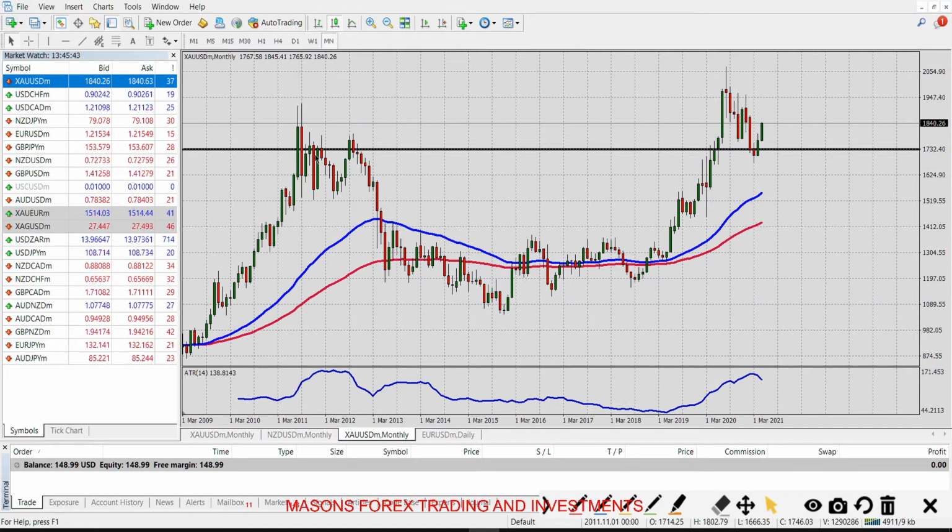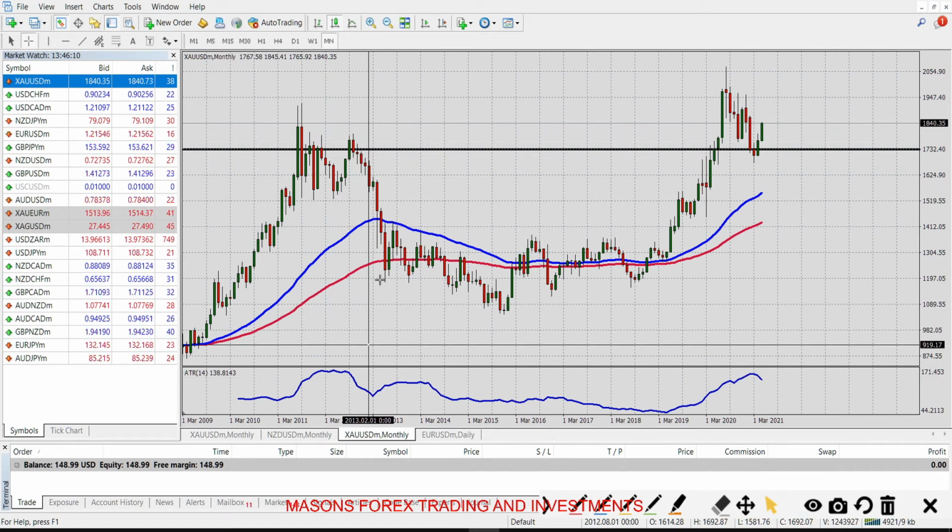If you place our line here, you'll see we have multiple touches, and not forgetting the significant price levels or these areas were formed approximately in 2011. So this also adds to the significance of this area because of the date that it was formed.